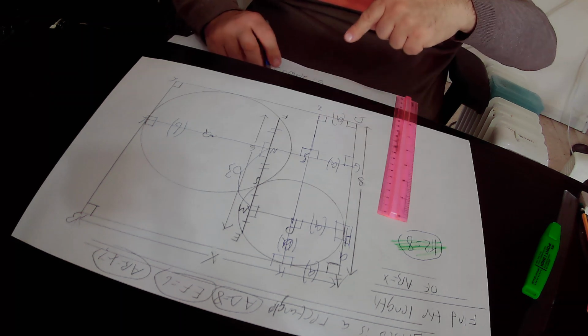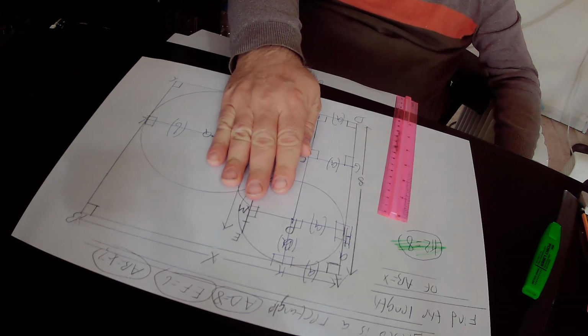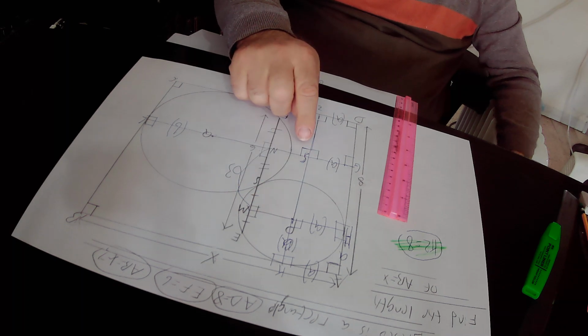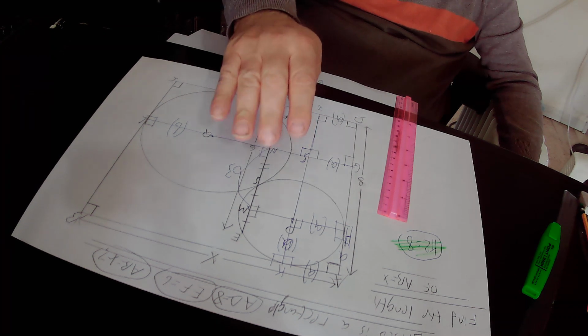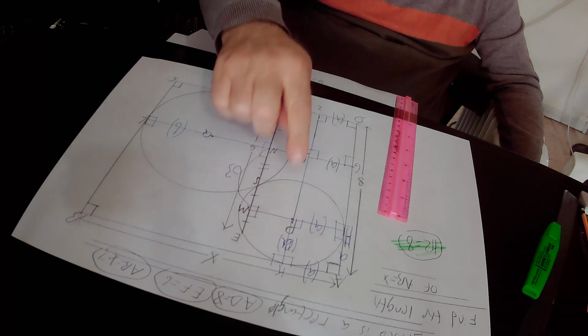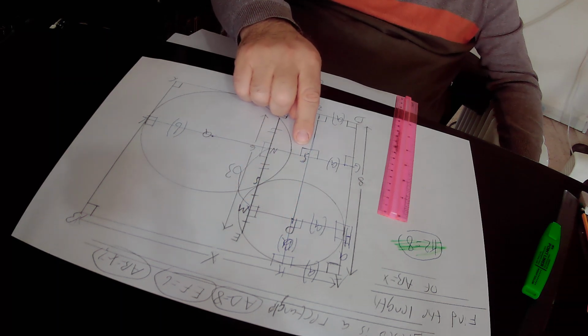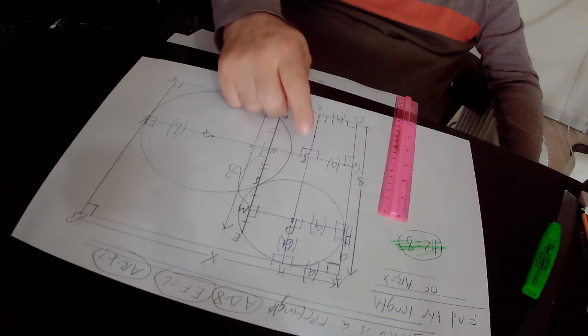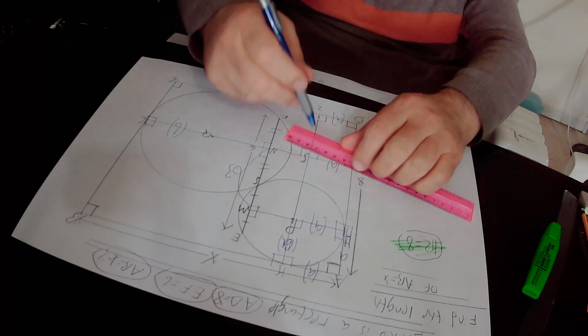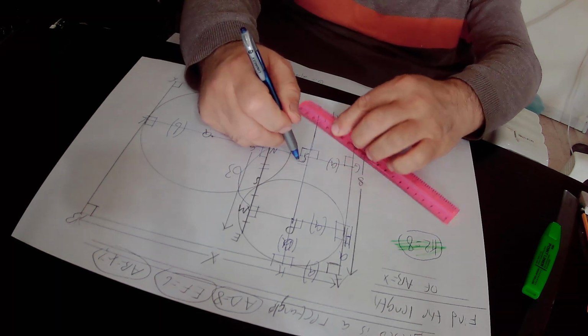So if we focus on this side of the straight line KZ at point S, the sum of the angles here must be equal to 180 degrees, according to the rule that the sum of the angles on one side of a straight line is equal to 180 degrees. So which angles do we have at this side of the straight line KZ at point S? We have this angle that is equal to 90 degrees plus the missing angle. In total, they must be equal to 180 degrees. So the missing angle must be equal to 90 degrees.